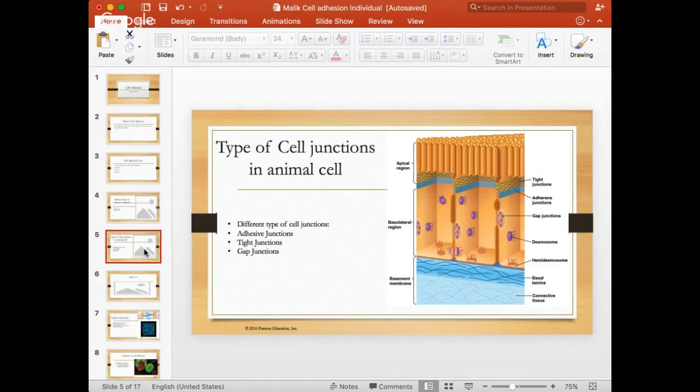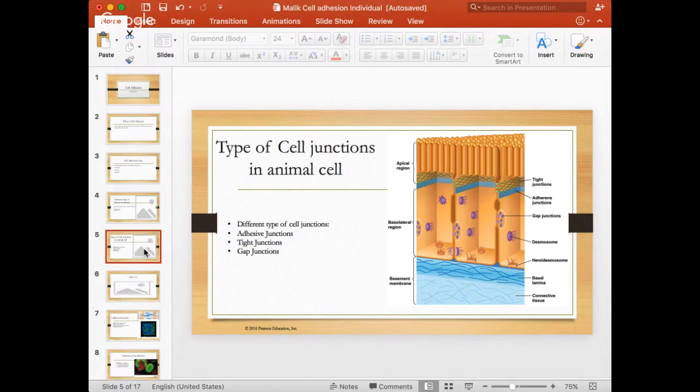Let's continue. So we have different types of cell junctions. We have adhesive junctions, tight junctions, and gap junctions. As for the adhesive junction, it's just a cell that is connected to the cytoskeleton by microfilaments.